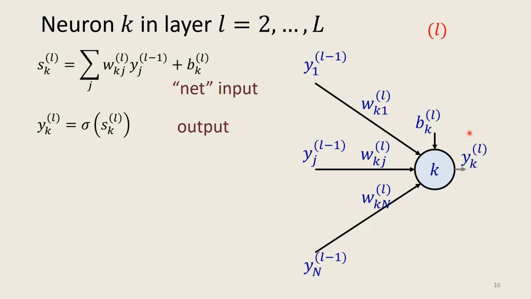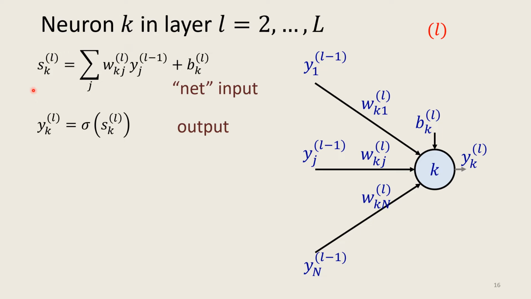So this is an arbitrary neuron K in any layer L. And so this neuron receives as inputs the outputs of the neurons of the previous layer. So y1 superscript L minus 1 until yn superscript L minus 1. And these outputs are multiplied by these weights of this neuron. So the net input to this neuron is Sk, which is equal to summation Wkj yj, and to that we add this bias Bk.